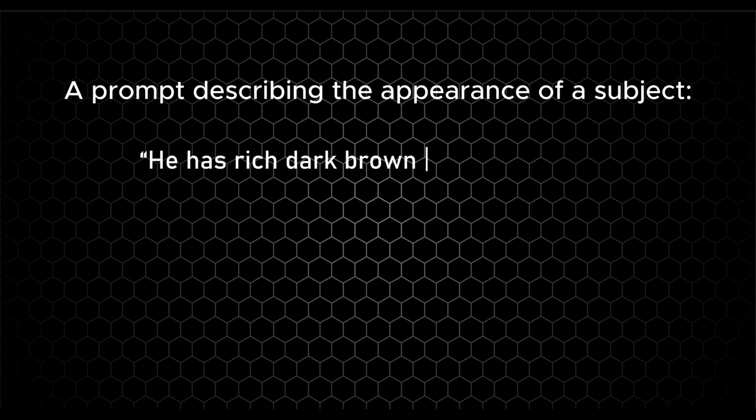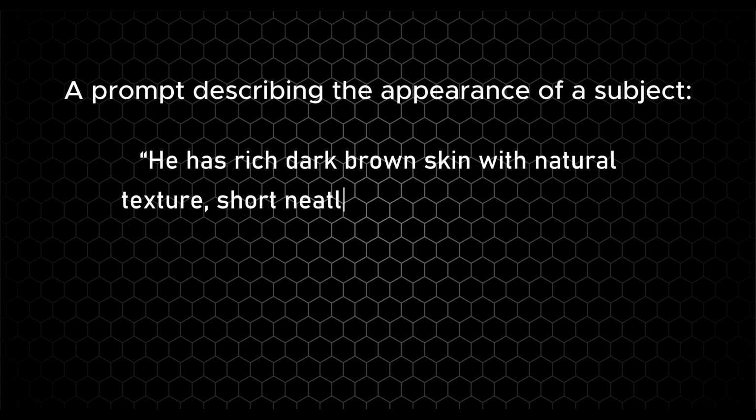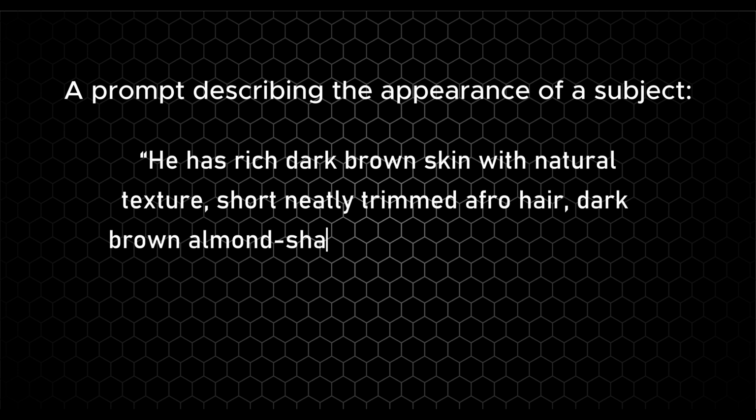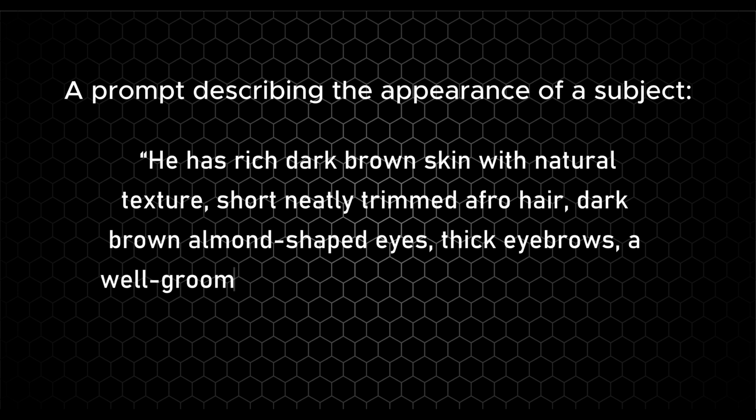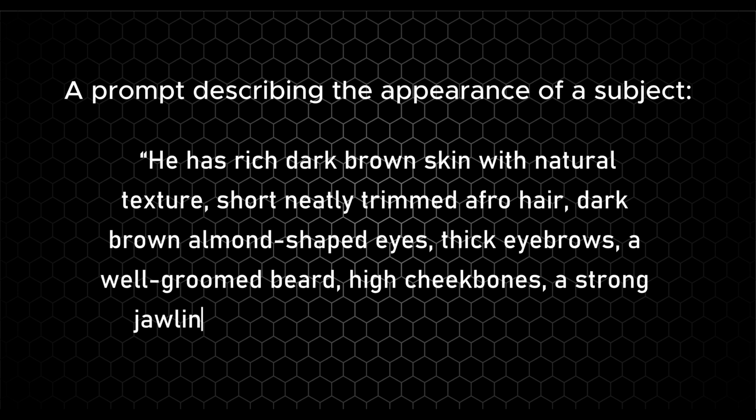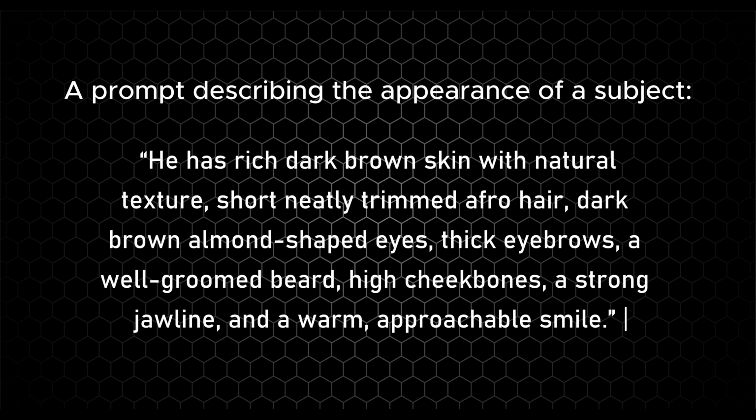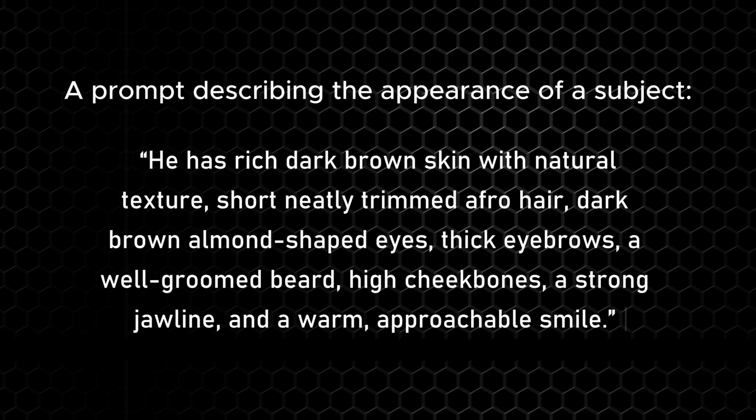A very good prompt that describes the appearance of a subject is: he has rich dark brown skin with natural texture, short neatly trimmed afro hair, dark brown almond-shaped eyes, thick eyebrows, a well-groomed beard, high cheekbones, a strong jawline, and a warm approachable smile.